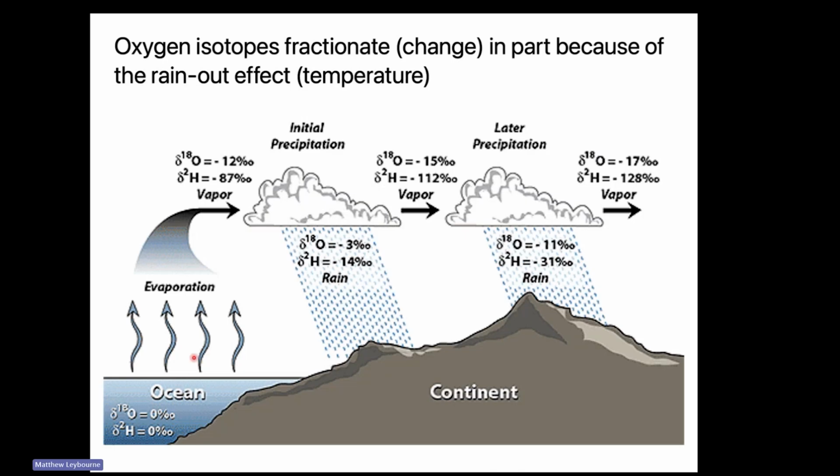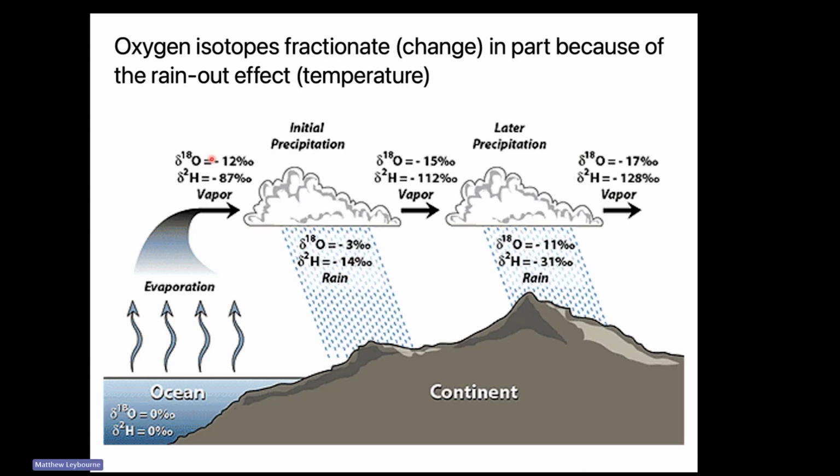Now, when we evaporate, the lighter oxygen-16 to hydrogen bond is weaker than the oxygen-18 to hydrogen bond in water. As a result, when we evaporate ocean water, we end up with water vapor which has negative oxygen isotope values. In this example, minus 12 per mil, because we've preferentially taken the light isotopes out of the ocean water and made water vapor.